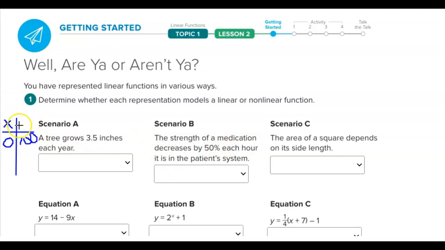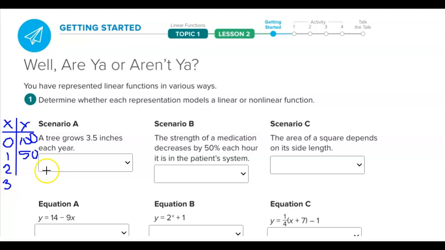It's full strength. Now, after 1 hour, it decreases by 50%. So it's cut in half. So after 1 hour, you're at 50% strength. So what's going to happen after 2 hours, after 3 hours?